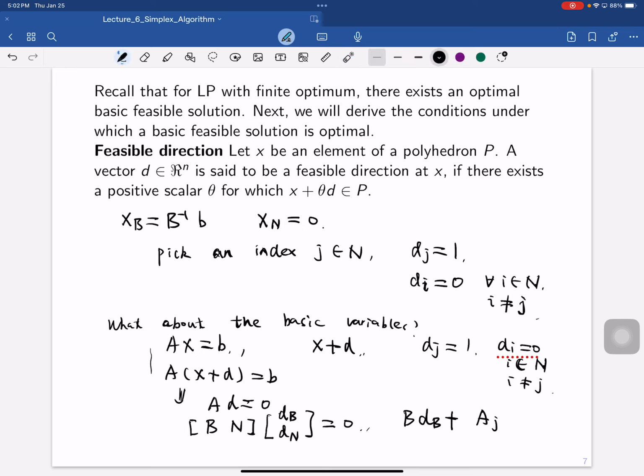So essentially, you can get this part equal to 0. And now, since B is a square matrix, the direction for the basic variables is minus B inverse times Aj. This is just doing some matrix multiplication here. Any questions here?